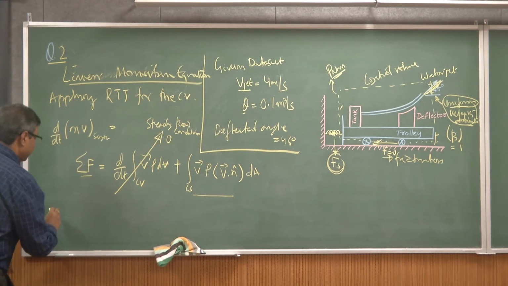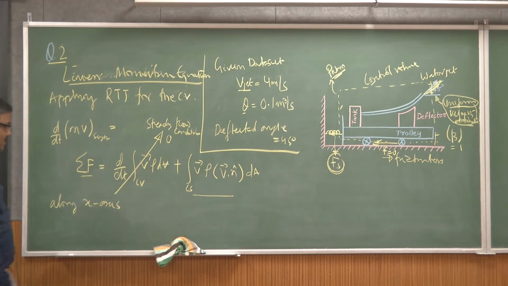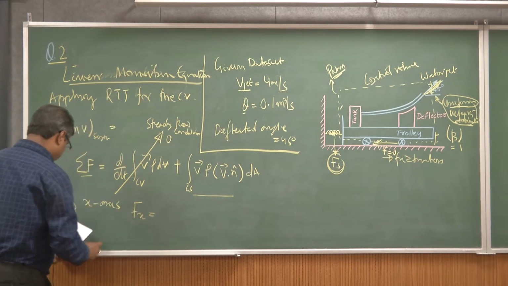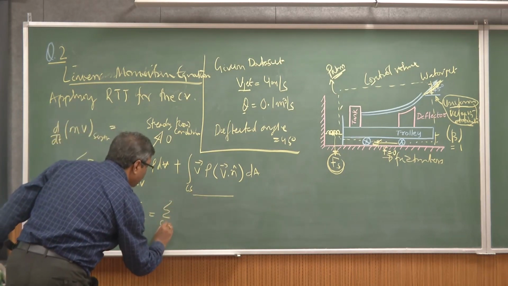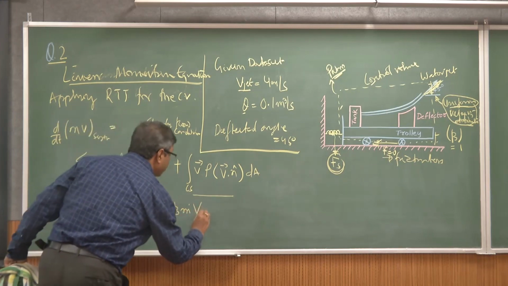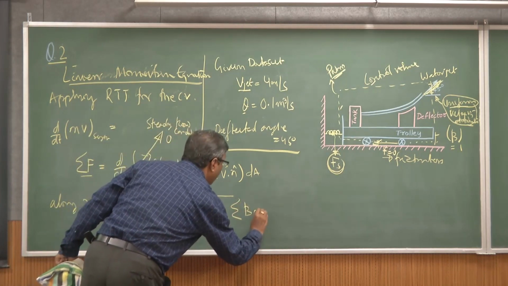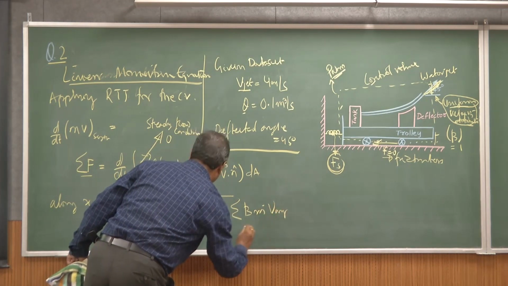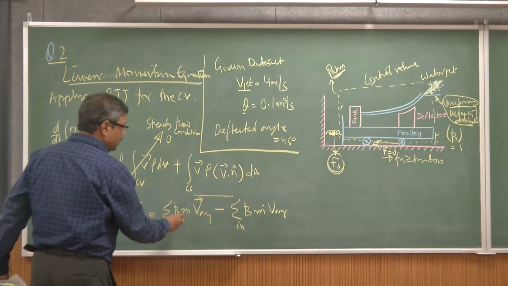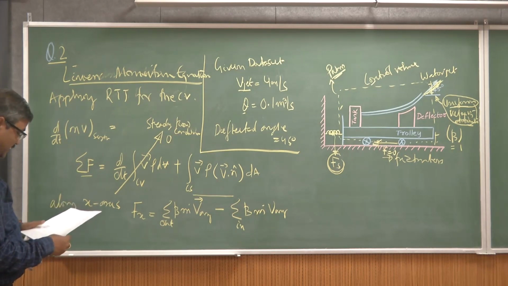So in this case, if I write these equations along the x-axis, then Fx will be equal to the sum of the momentum flux out, beta m dot V average, minus beta m dot V average in. As beta becomes 1, for the mass flux in and out, in this case there is no influx.